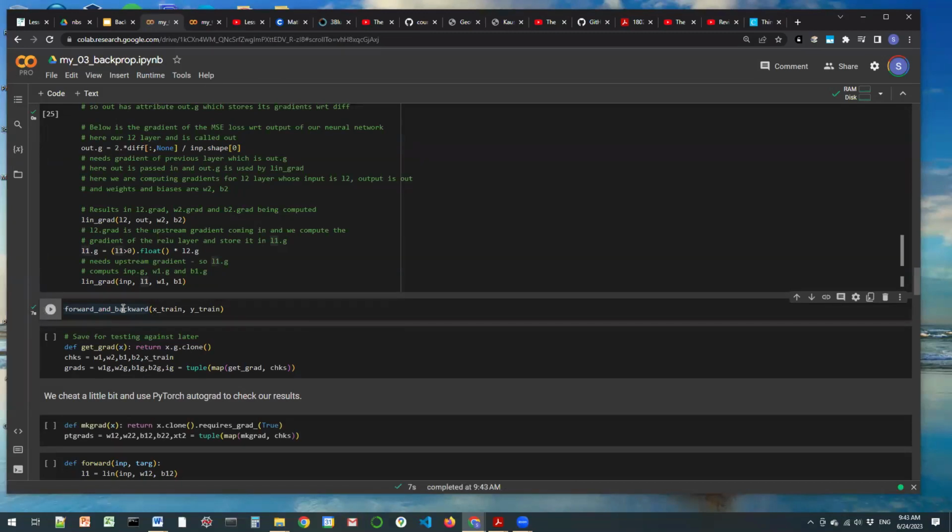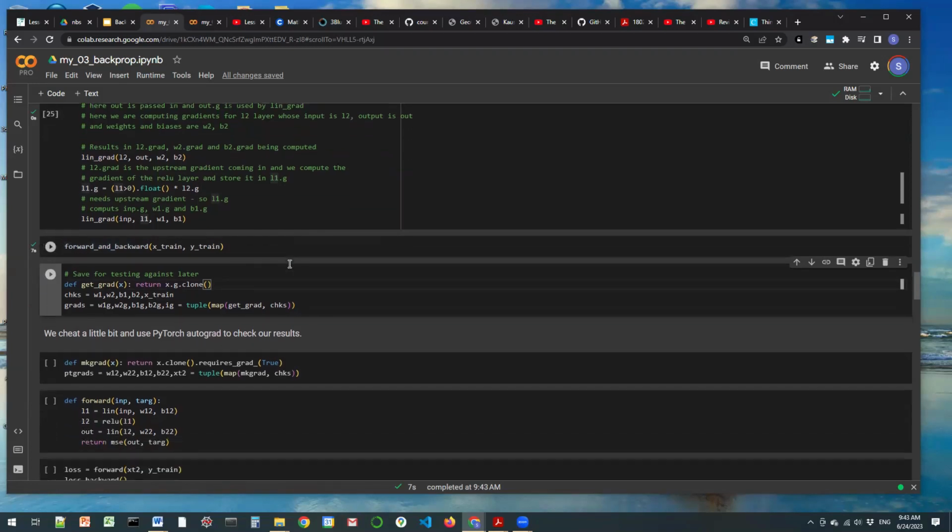It stores all the forward values, and then it goes back and computes the gradients W2.g, B2.g, L2.g, L1.g, W1.g, B1.g, right? And the beauty of it is all this code is code we have written. We have not touched PyTorch yet.